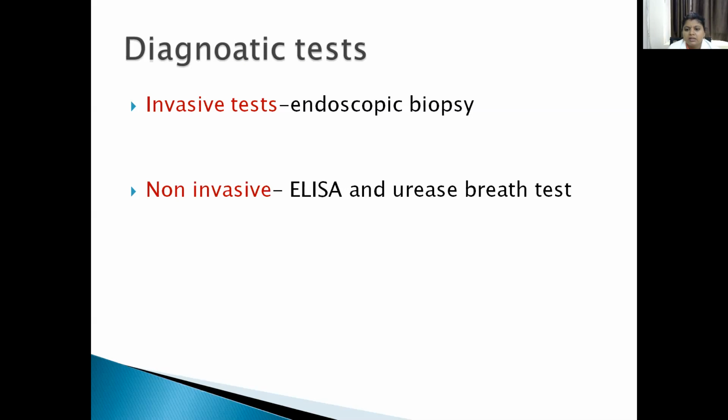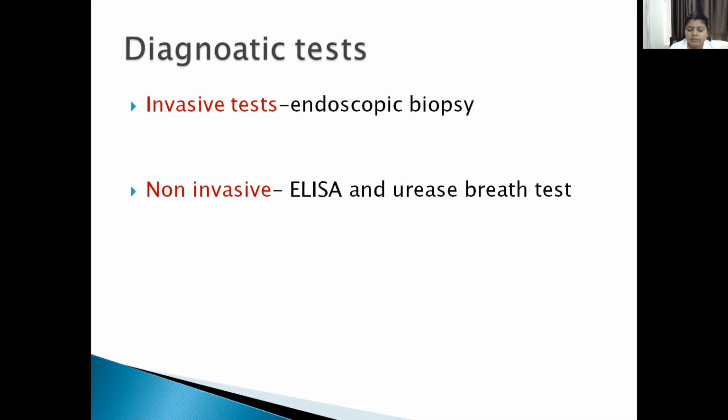In this case, the patient is allowed to take a carbon labeled isotope solution, and his breath releases the urease, so it can be detected by the breath test. This is known as the urease breath test.